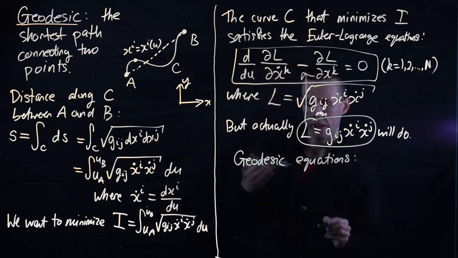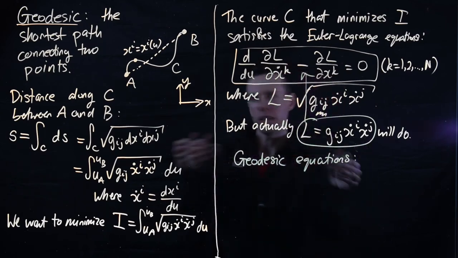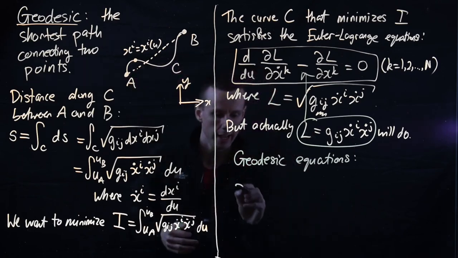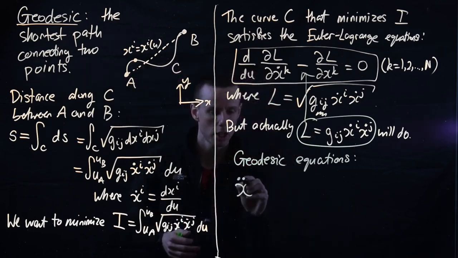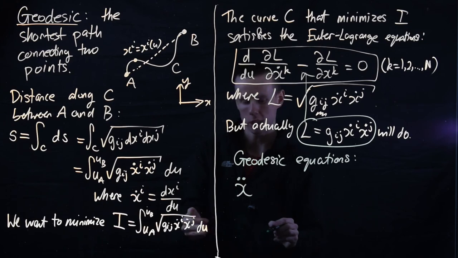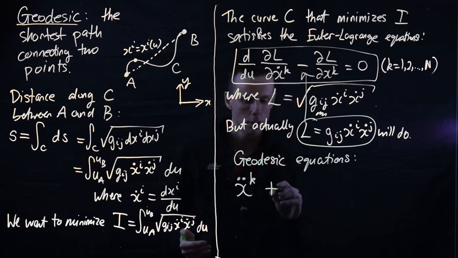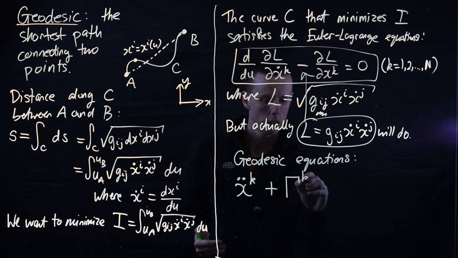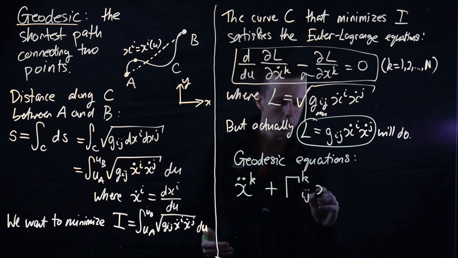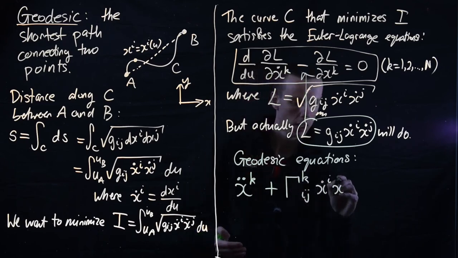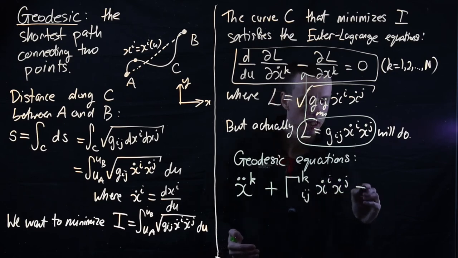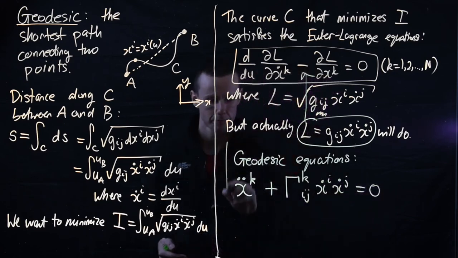So the equations of the geodesics look like this: x double dot, which means differentiation with respect to u twice, superscript k, plus gamma k i j x dot i x dot j equals 0.